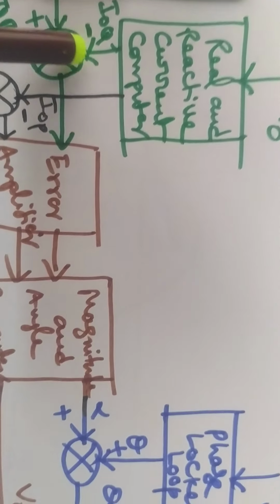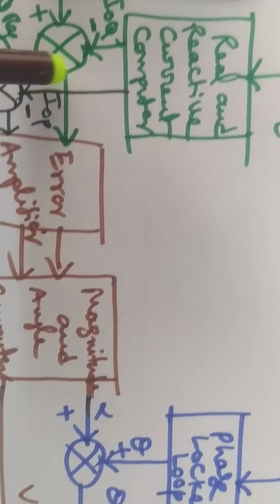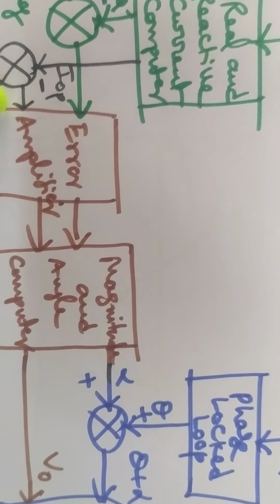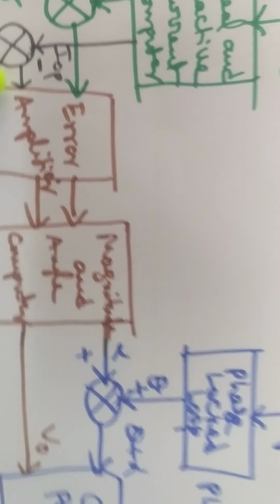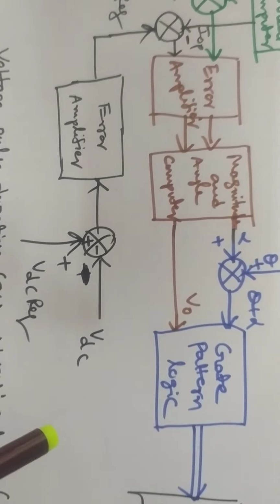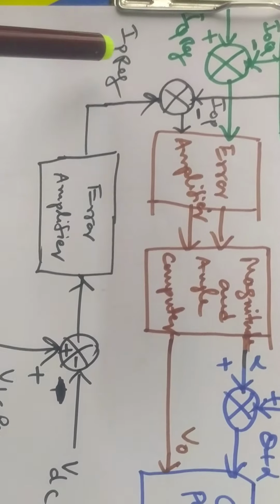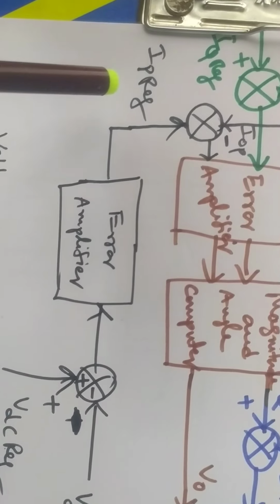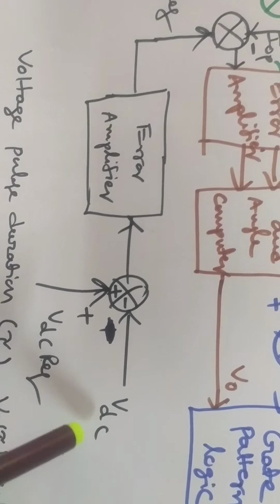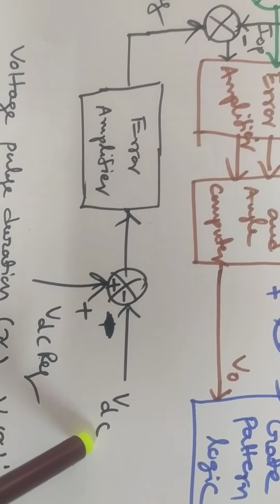So I0Q is the reactive component of the current, I0P is the real component of the output current. So this real component of the output current can be compared with IP reference. The IP reference can be obtained from the DC voltage loop.